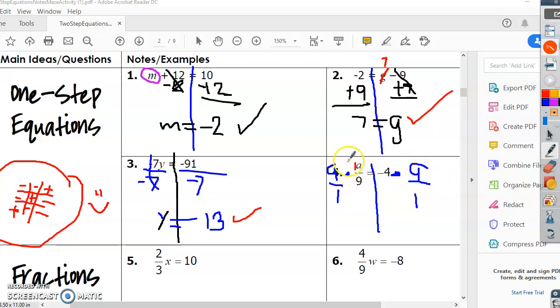I'm sure a lot of you probably got the answer before I even did this, because the nice thing about equations is that sometimes you can figure out the answer without doing all this work. And if you can do that, that's perfect. You can just put in your answer if you get it right away.